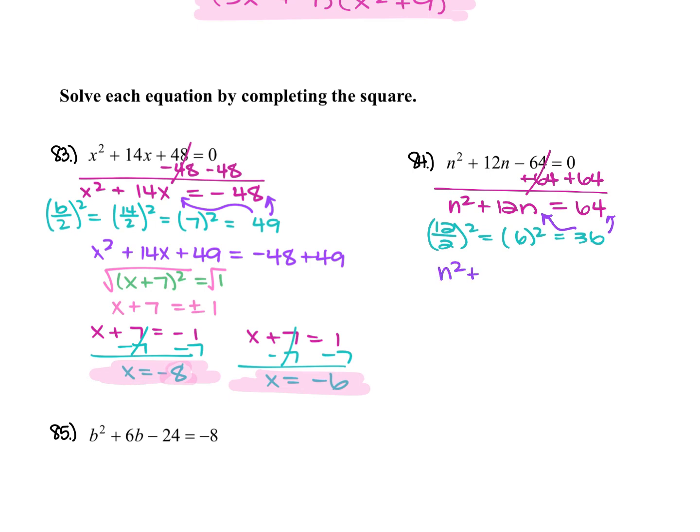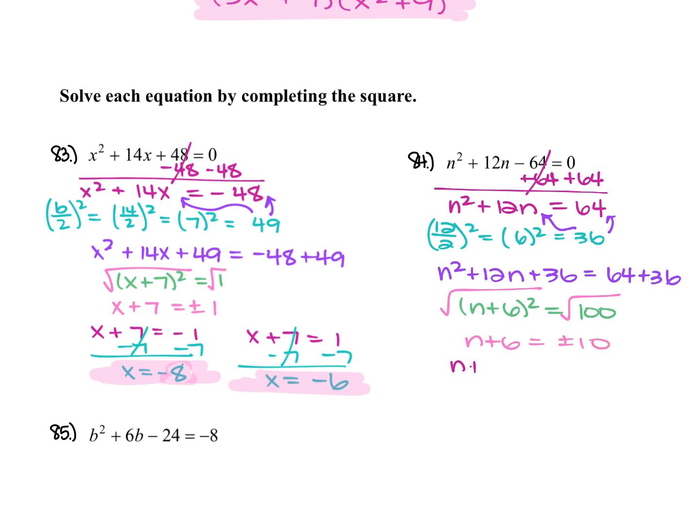So you have n squared plus 12n plus 36 is equal to 64 plus 36. If we factor the left, add the right, we have n plus 6 squared is equal to 100. Take the square root of both sides. That's n plus 6 is equal to plus or minus 10. Separate this. N plus 6 is equal to negative 10. N plus 6 is equal to positive 10. Move your 6 over on each of these by subtracting it. And you get that n is equal to negative 16 and n is equal to 4.